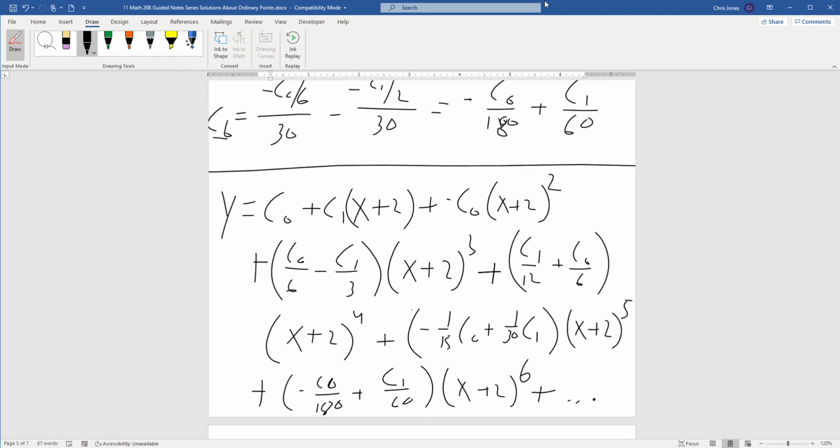Now, if we wanted to figure out what each of the solutions looks like, we'd have to distribute, we're not going to do this, but we'd have to distribute C1 and C0 to each of the x plus 2's, and then from there we'd have to combine like terms, or we could just factor out the x plus 2 powers and kind of get a like term at that point. Suffice to say for us, this is probably going to be good enough.